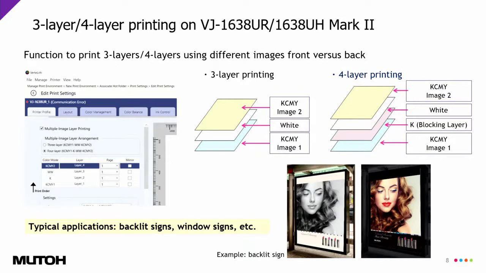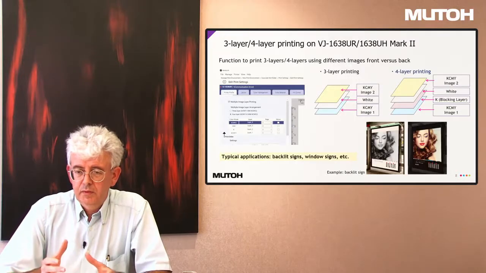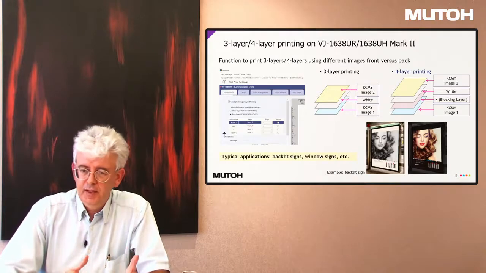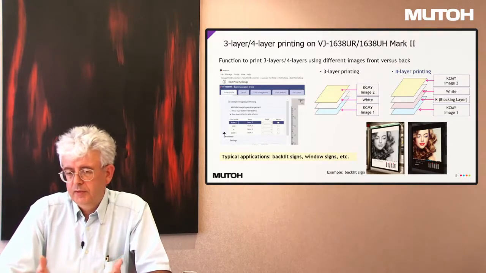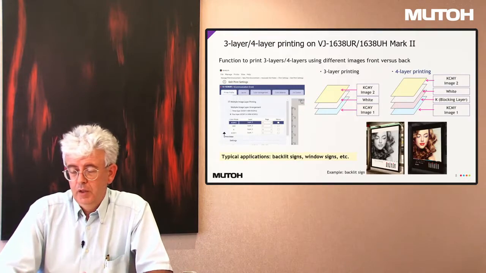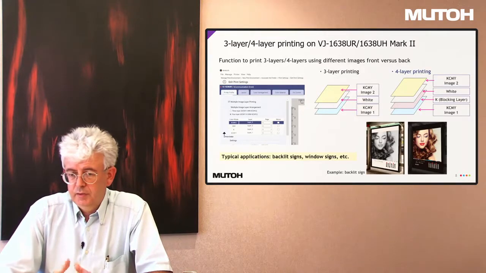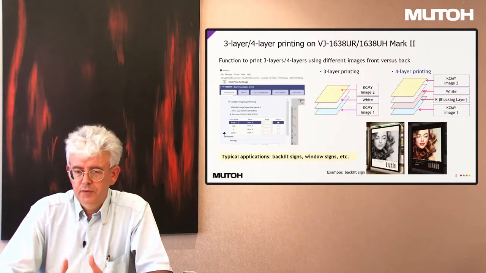In some cases, on the UV printers, printing on transparent media, you want to use different images, either to do a black backlight, either to do a backlight film where you have adapted data for night vision and for over daytime, or you want to make some kind of animation, or you want to use media double-sided, that there is a totally different image on the front and on the back.